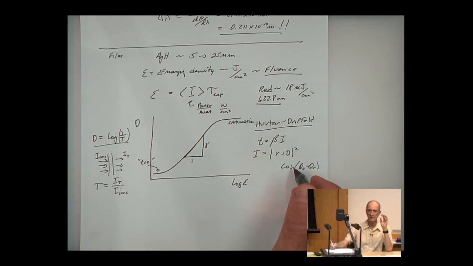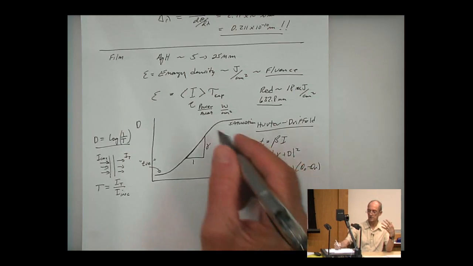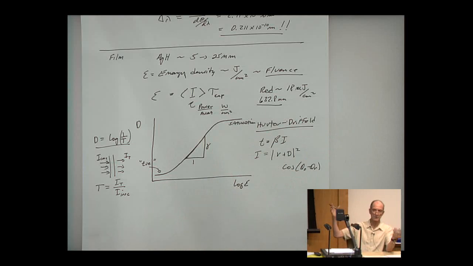It'll no longer be sinusoidal, but we're going to have other components to this description. Just like an amplifier, if you go to a nonlinear region of that amplifier, you have to have other frequency components to describe its frequency response. The same sort of thing here, except now we're looking at the density or the exposure response to that material.